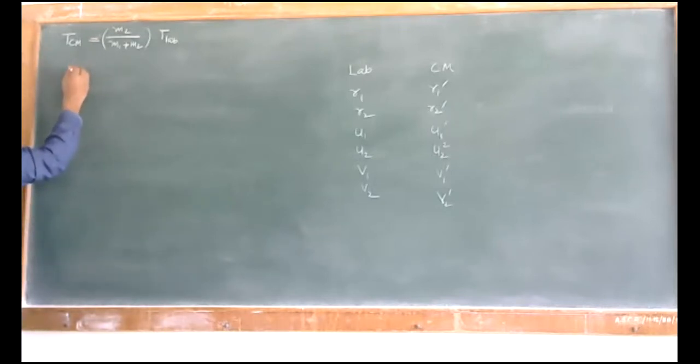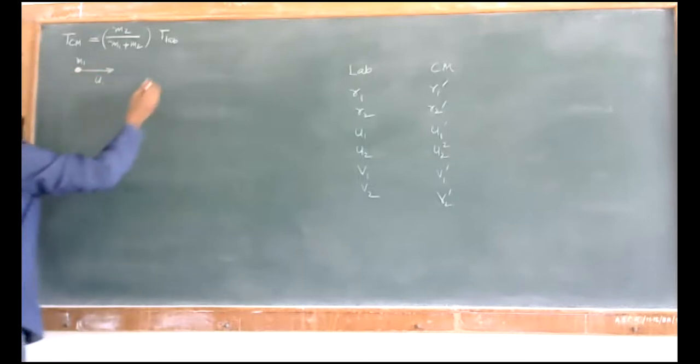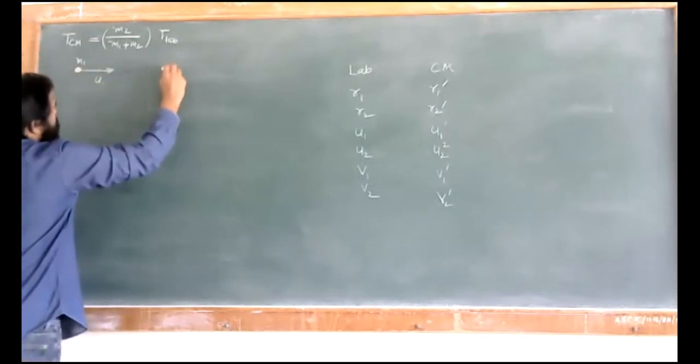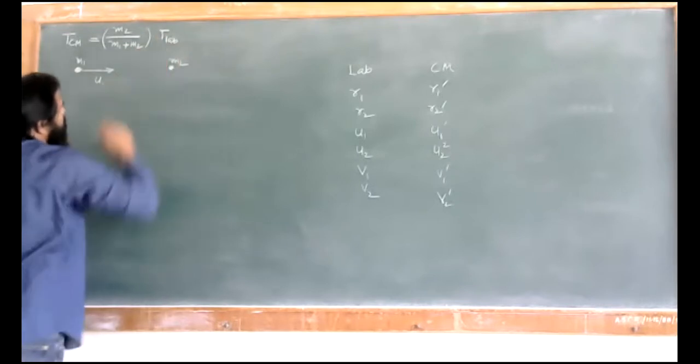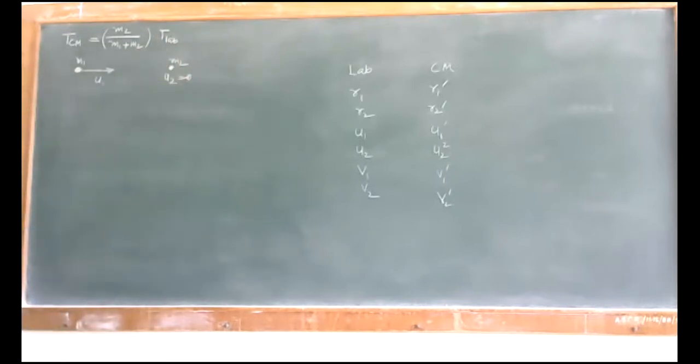Let us say your mass is m1, which is moving with some velocity u1, and the second particle is at rest, so you can say m2, where u2 is equal to 0. So u1 is the initial velocity of the incident particle, and the target particle is at rest.